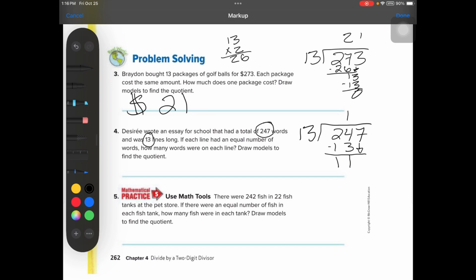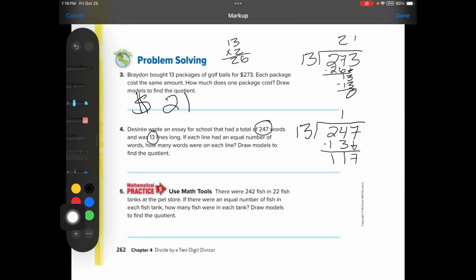Bring down the 7. All right, looking at that, that's a pretty big number. I would have to say this is kind of close to 10 and kind of close to 120. So I'm going to guess maybe 8 or 9 times 13 might get us close. So over here on the side, I'm going to do some extra work.